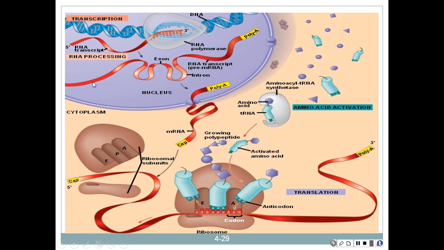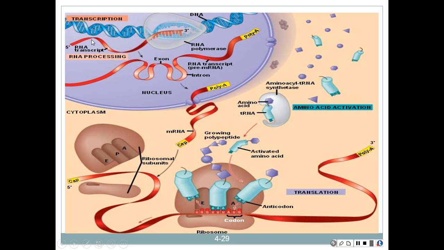Now, enzymes excise the introns, and they're going to splice together the exons. Now, through alternative splicing, a gene can code for more than one protein.